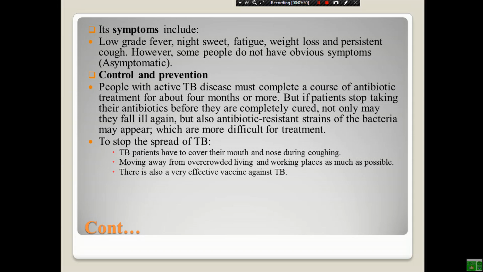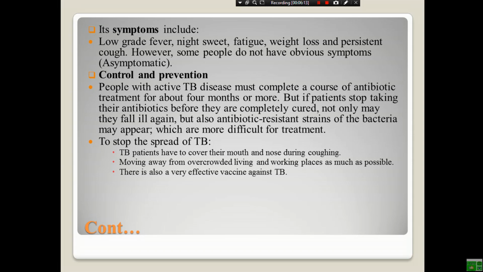But how can we control and prevent tuberculosis? People with active tuberculosis disease must complete a course of antibiotic treatment for about 4 months or more, according to the immune system of the body.